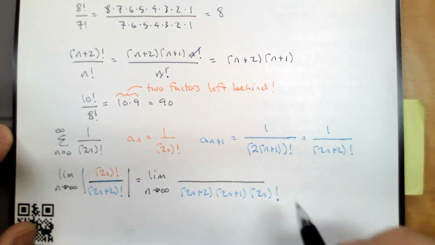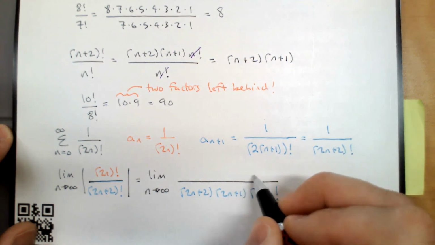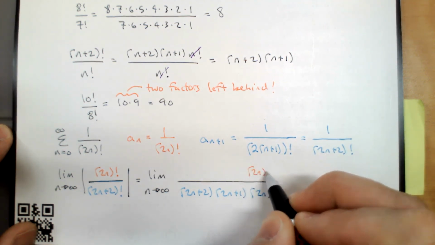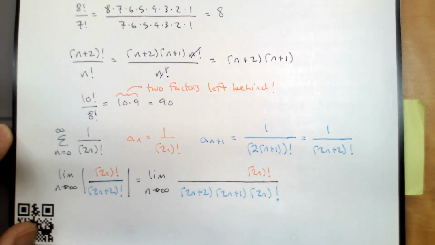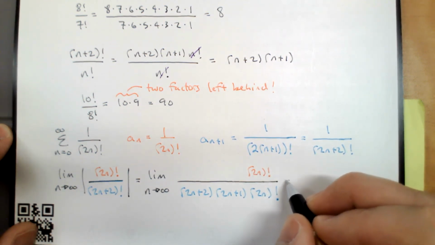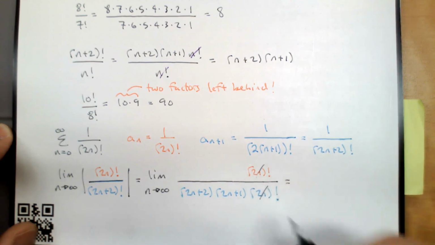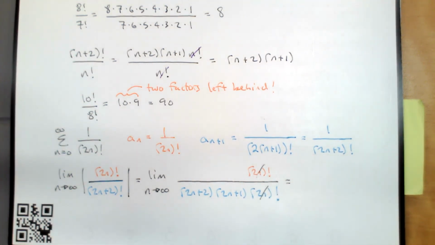That's where we're going to start canceling everything out. So 1 over 2n plus 2 times 2n plus 1.